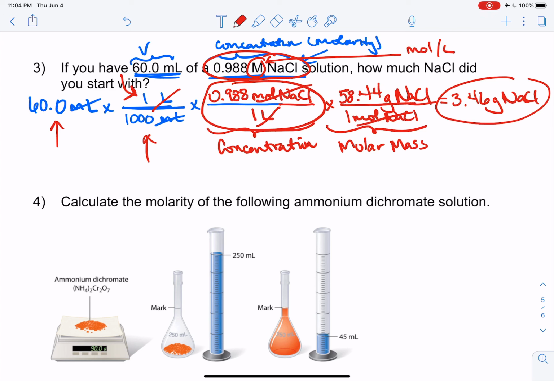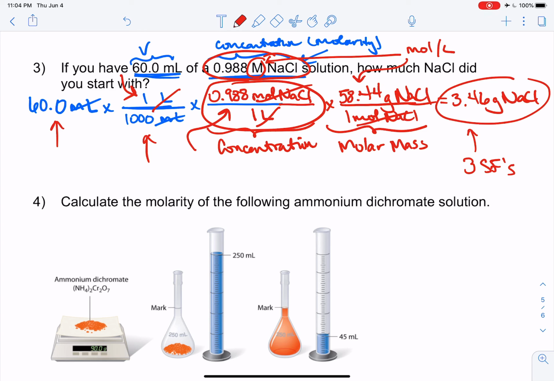So that has infinite sig figs, so we don't look at that one. This one right here has how many sig figs? You've got 3, and this one right here, there's 4. So what we want is 3 because we have 3 and 3 and 4. And you want to go with the lower number, so in your answer, you're going to have 3 sig figs.